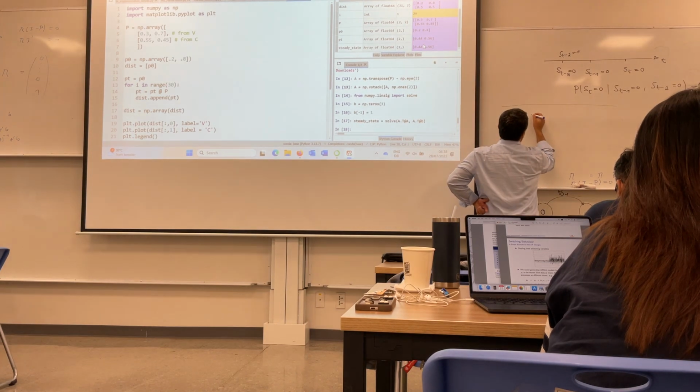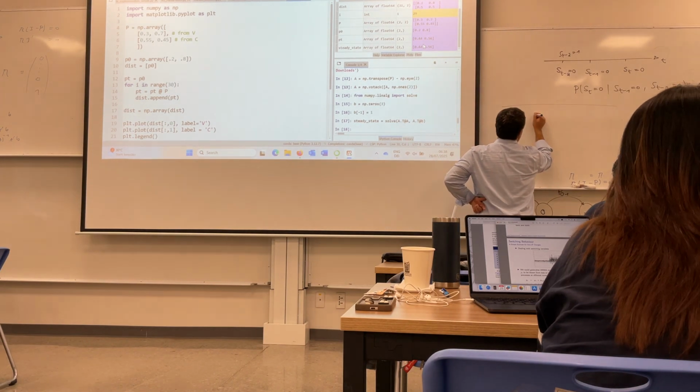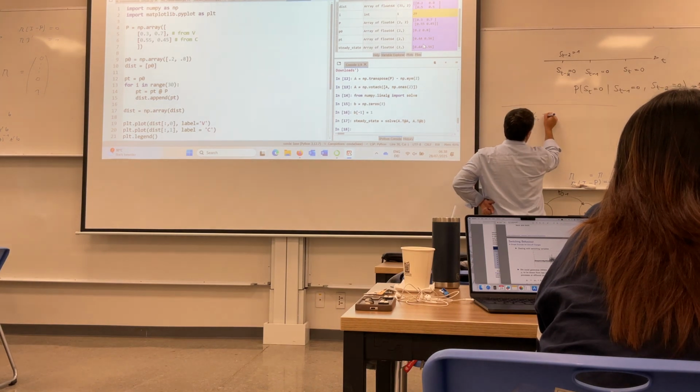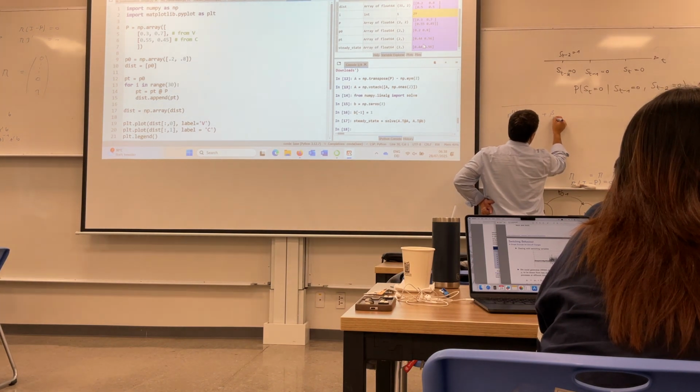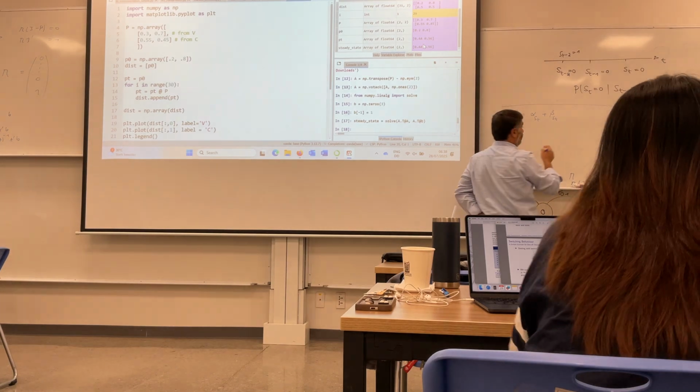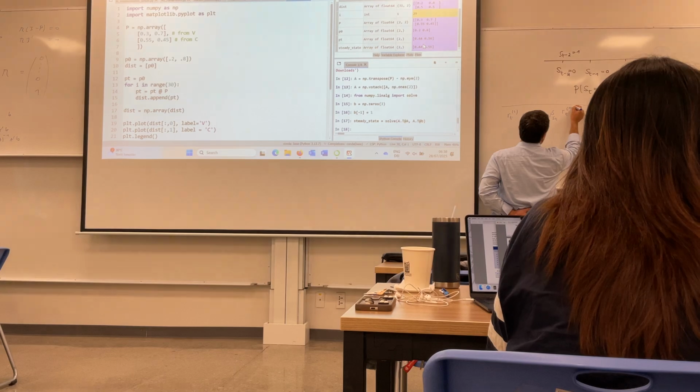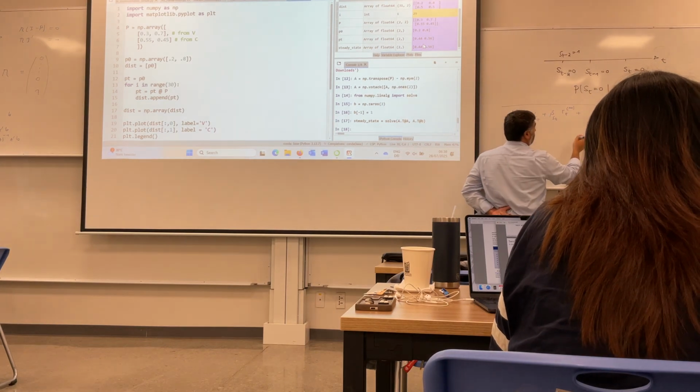Then it is equal to alpha, a function of S_t, plus beta, also a function of S_t, times the market excess returns. And then you can add more.